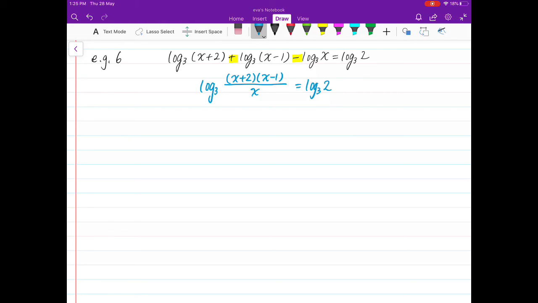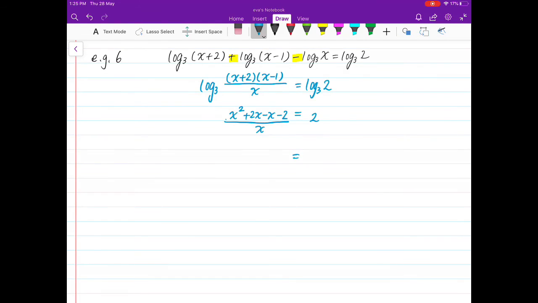As both sides have the log base of 3, we can remove it together. So we can do the multiplication of the numerator now. So this is x squared plus 2x minus x minus 2 over x equal to 2.